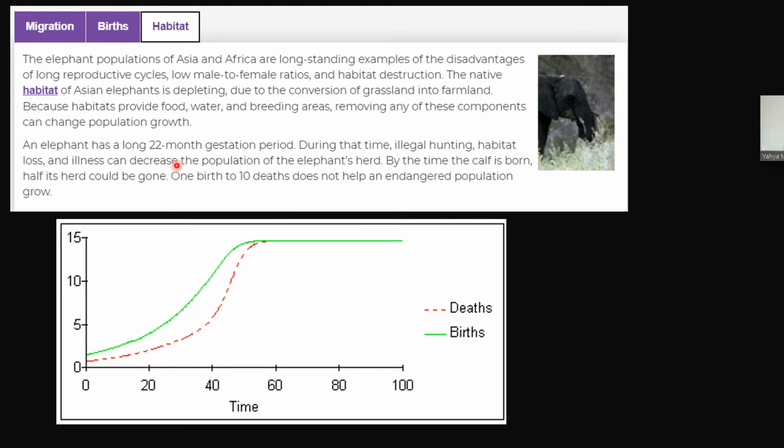So we can't just look at how many elephants are being born. Maybe one year a lot of elephants are being born, but we can't assume the population is going to grow, because maybe a lot are dying off as well. Maybe a lot are being hunted. There's habitat loss, illnesses, a drought or something. So you have to look at the combination of the births and the deaths.